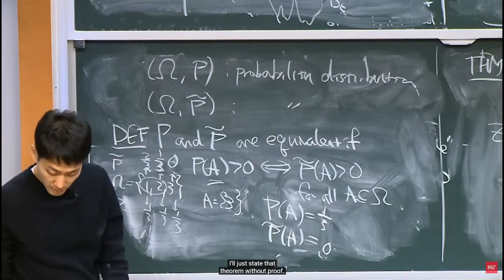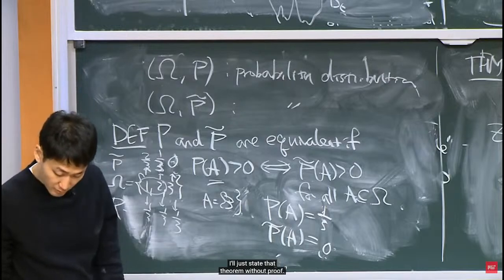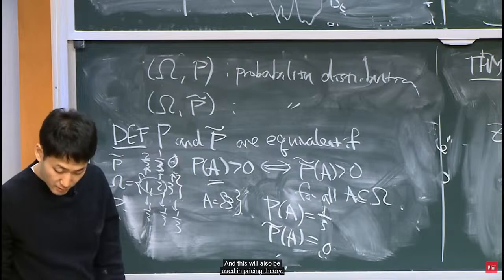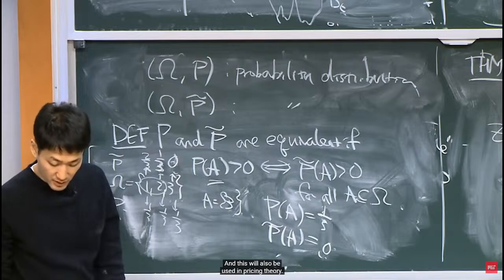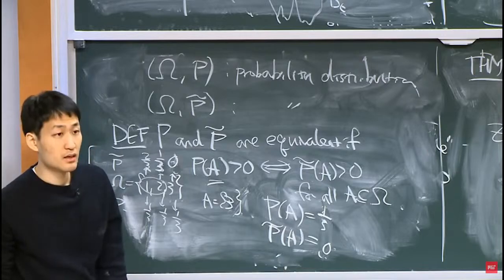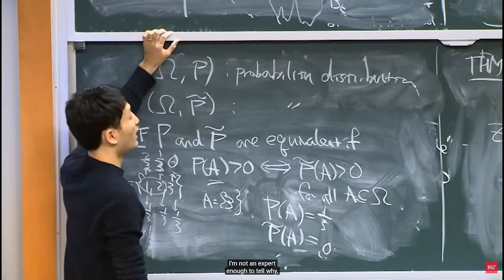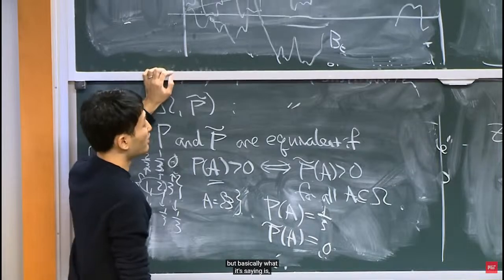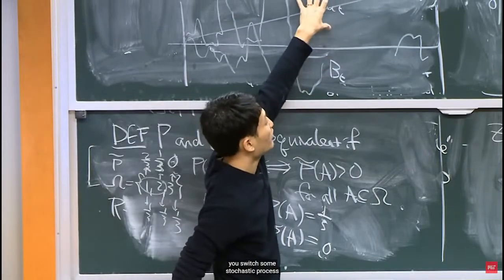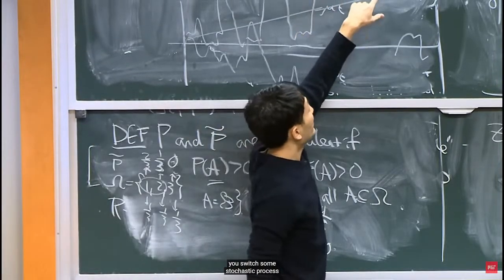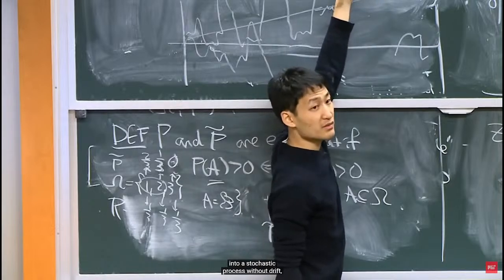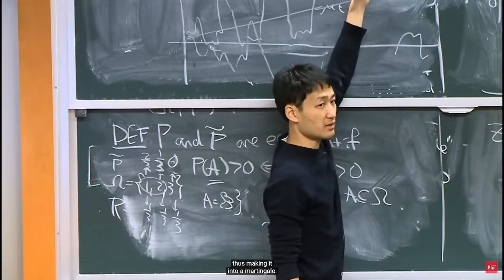I'll just state that theorem without proof. And this will also be used in pricing theory. I'm not an expert enough to tell why, but basically what it's saying is, you switch some stochastic process into a stochastic process without drift. That's making it into a martingale.